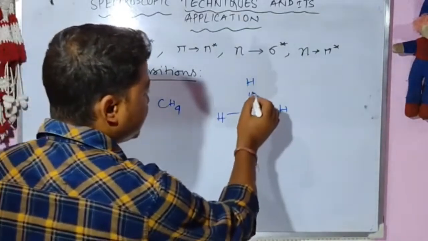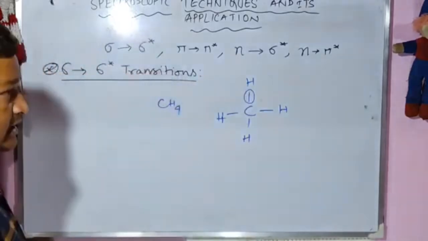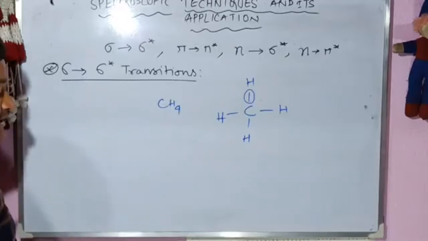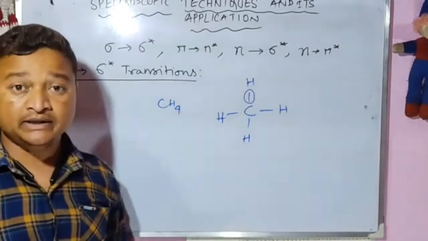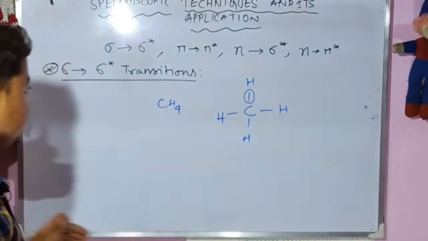So here only sigma bonds are present, and the sigma to sigma star transition occurs. It occurs only when sigma bonds are present.